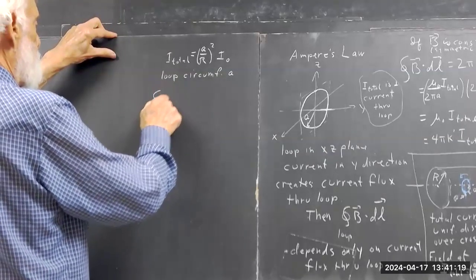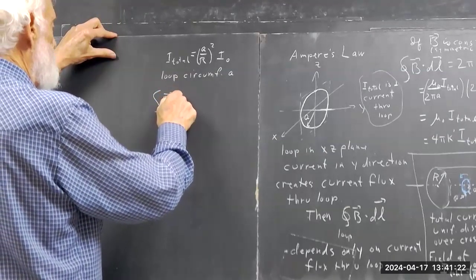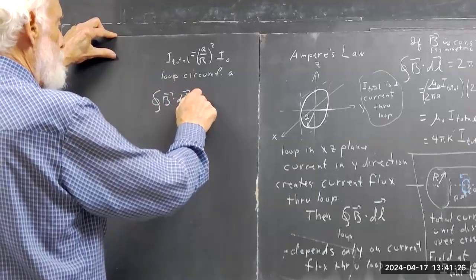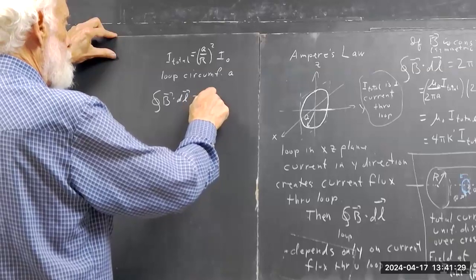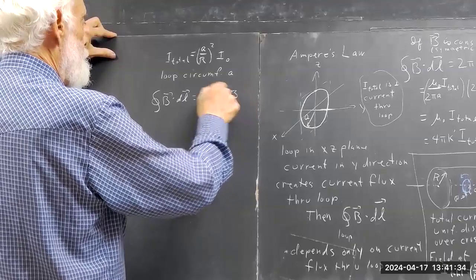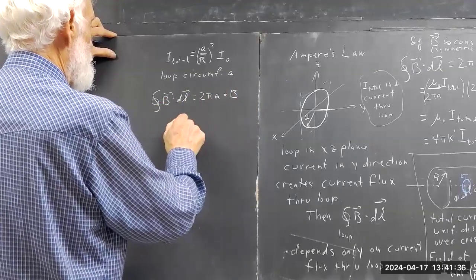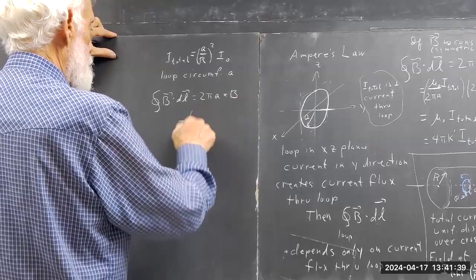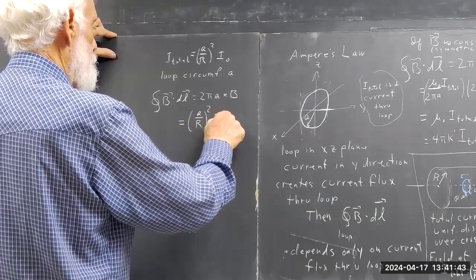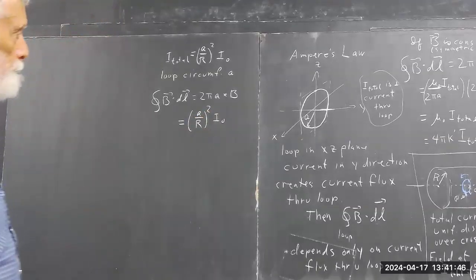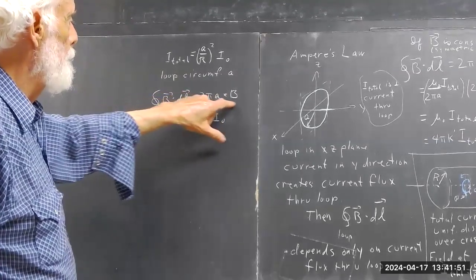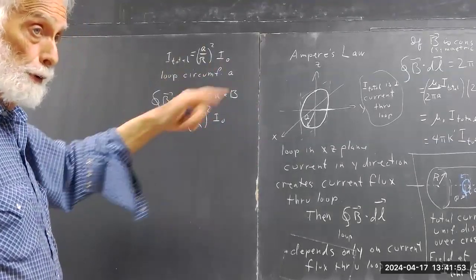The integral of B dot dl is 2 pi a times B, because 2 pi a is the loop circumference.